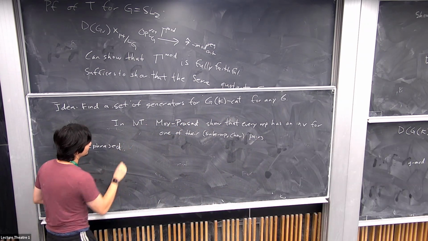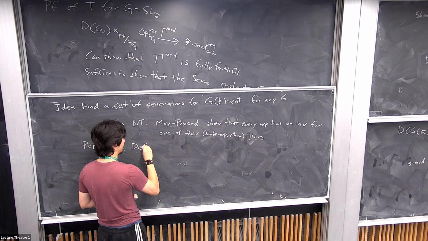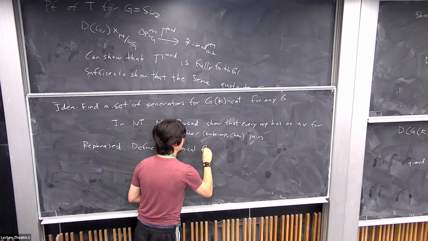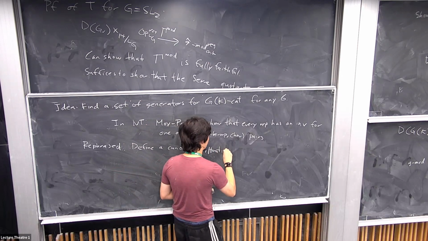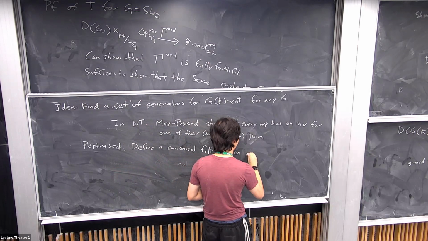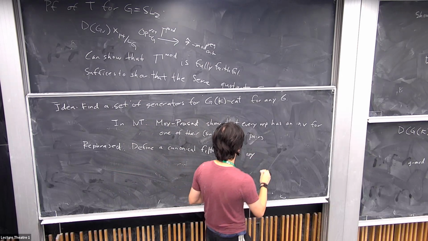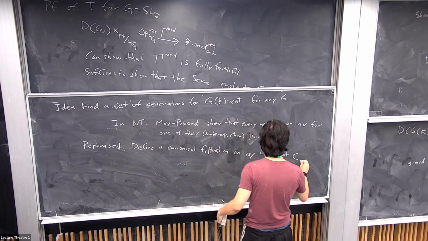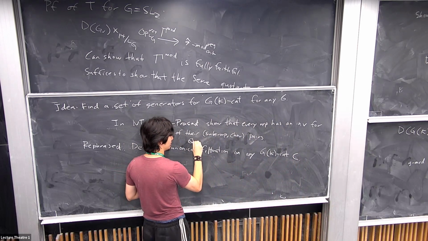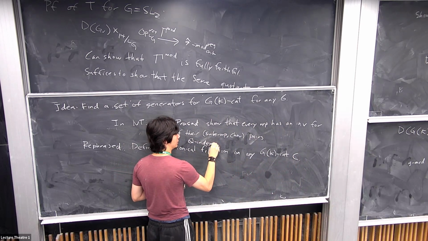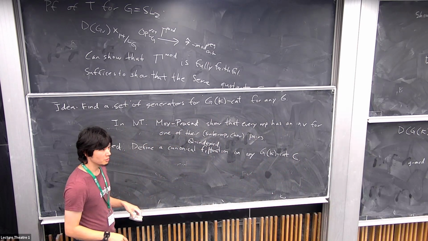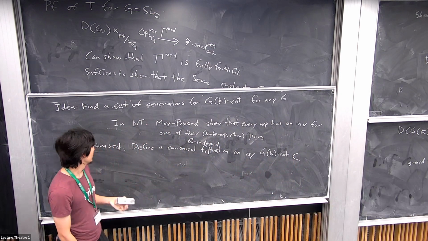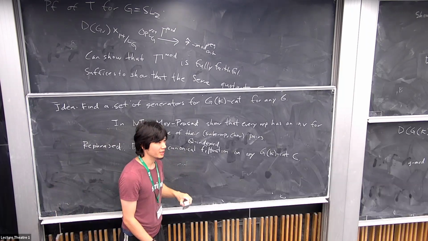We define a canonical filtration on any G(k) category C. It's going to be a Q-indexed filtration. Not all rational numbers are going to appear; the denominators are going to be bounded. So importantly, you're going to have a discrete set. But there's going to be a canonical filtration on any G(k) category C.